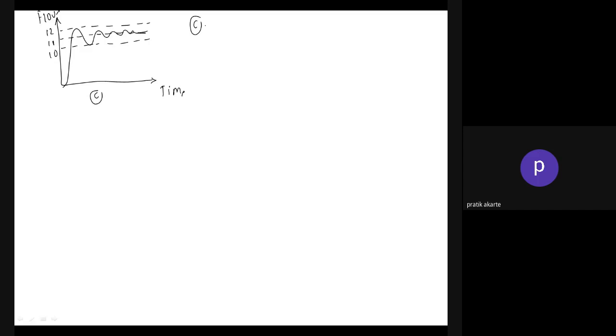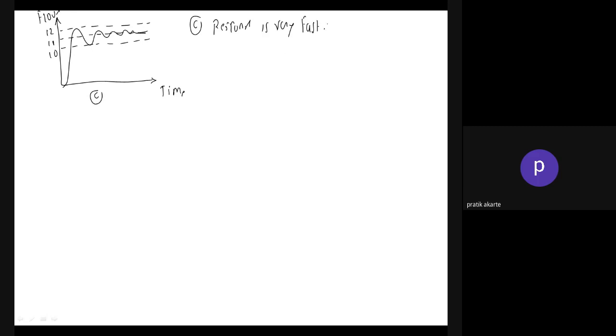In this response, we can see that since this response is very fast, but it oscillates between the 10th and 12th floor. So first your elevator goes quickly to the 12th floor, then it goes back to the 10th floor, and slowly it will come down and settle at the 11th floor.